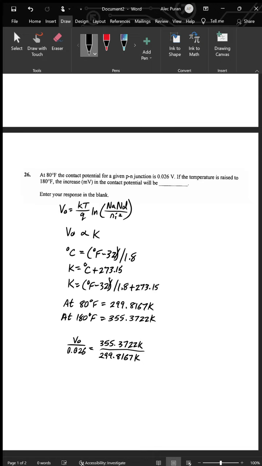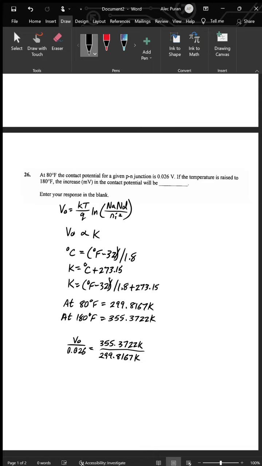This proportion matches because we're matching the 80 degree Fahrenheit voltage to the 80 degree Fahrenheit temperature, and V0 being our unknown new value at 180 degrees Fahrenheit to the temperature conversion of 180 degrees to Kelvin.